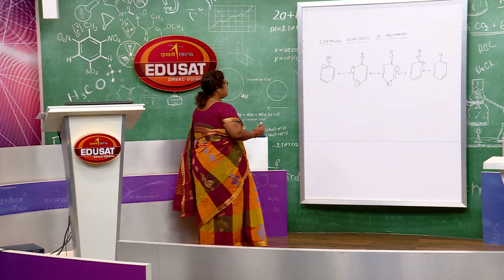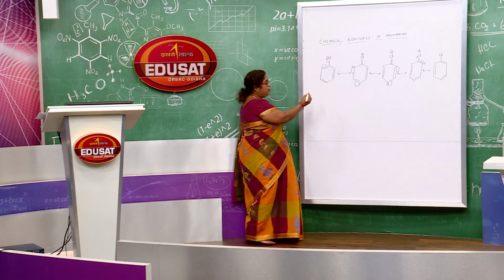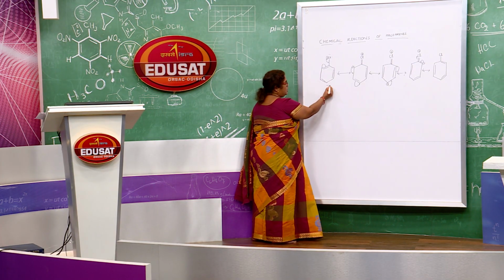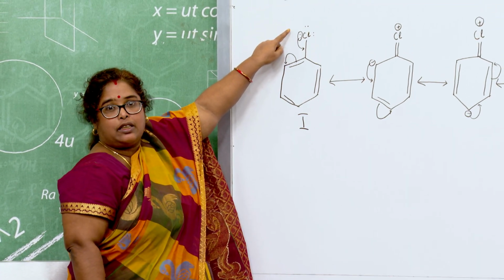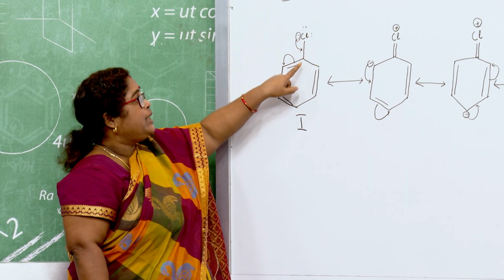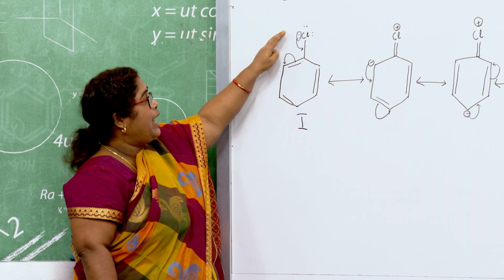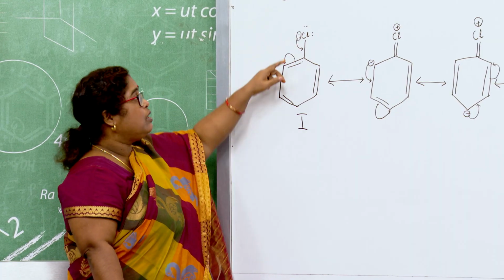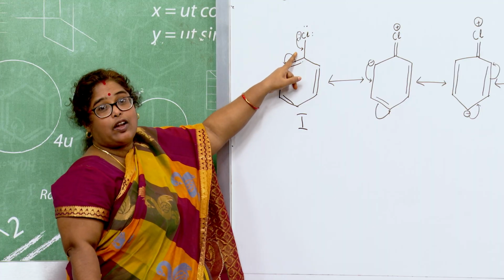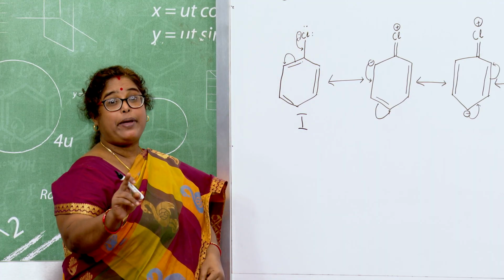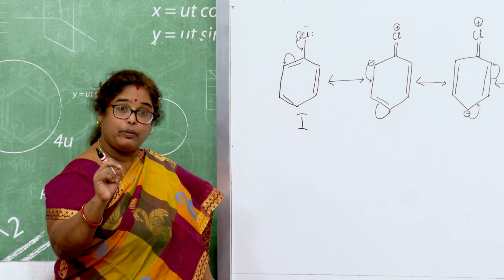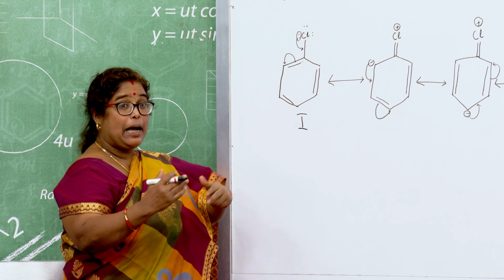There are these structures. Please see this structure, structure 1. What have you seen here? The chlorine atom is joined here and it has 7 electrons. With the use of 1 electron, it forms a bond. It already has 3 pairs of electrons along with it. So, what happens?